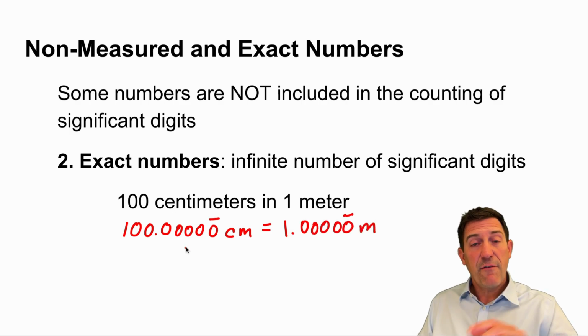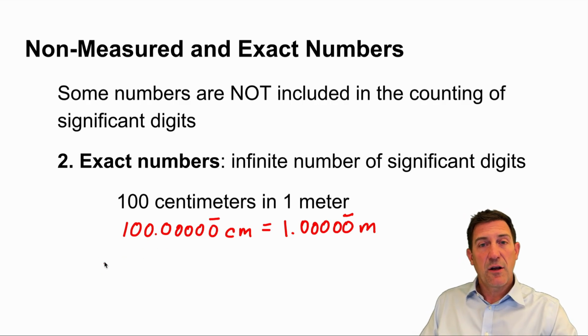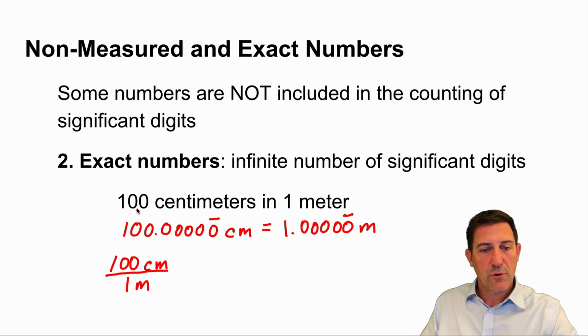In fact, I'm going to turn this into something called a conversion factor. So I'm going to take our 100 centimeters and I'm going to put that over 1 meter, because that's what we're saying here. There are 100 centimeters per 1 meter, right? Now, likewise, that's 1 meter per 100 centimeters. Those mean the same thing.